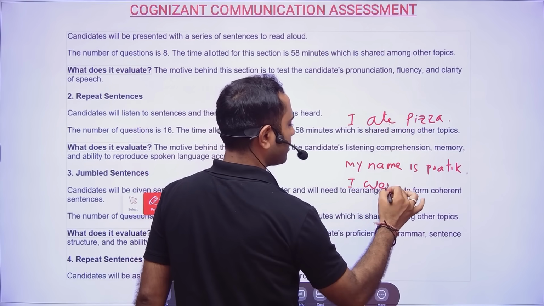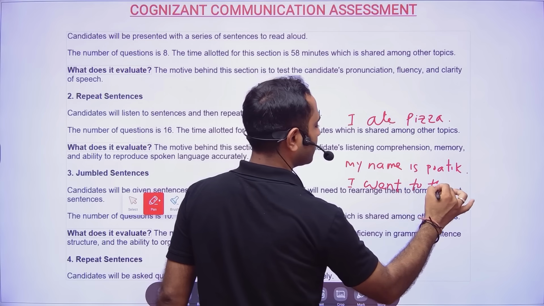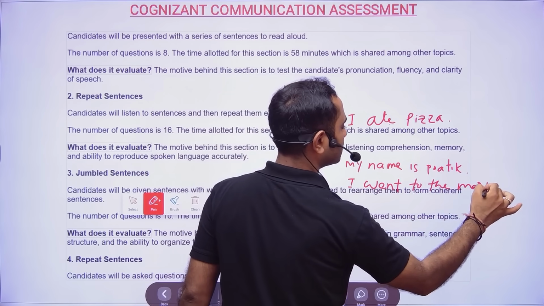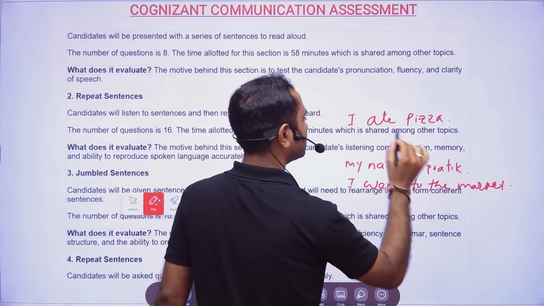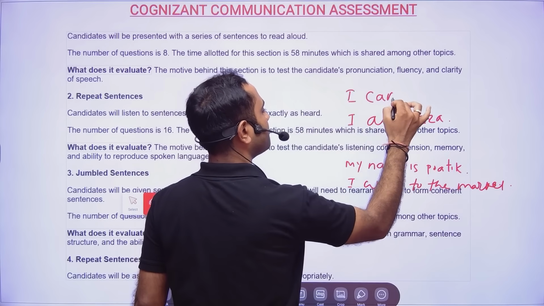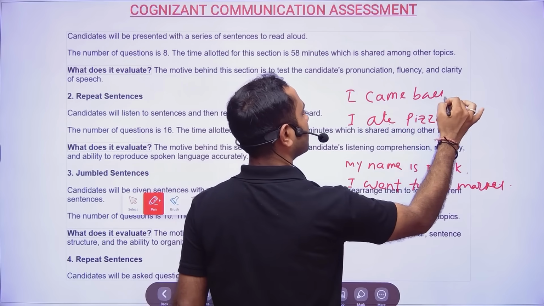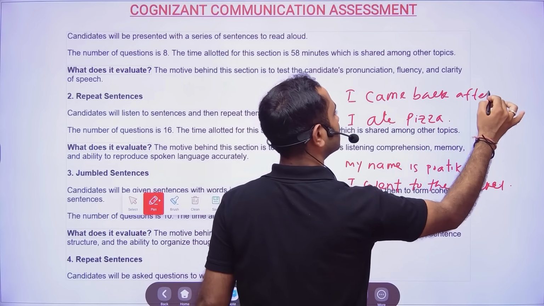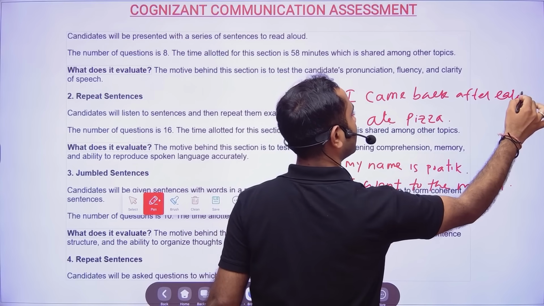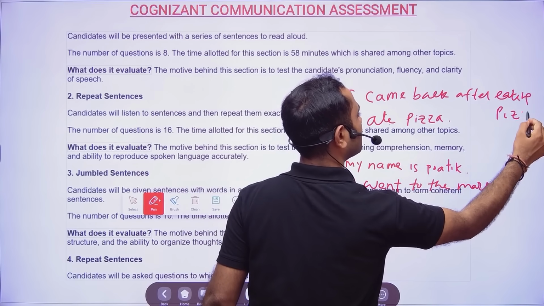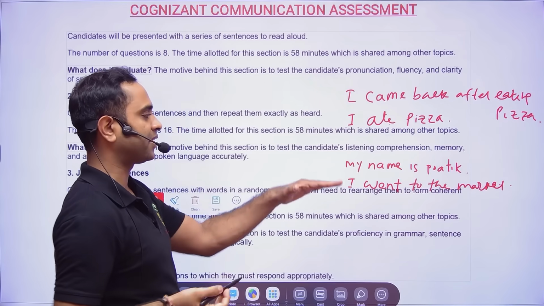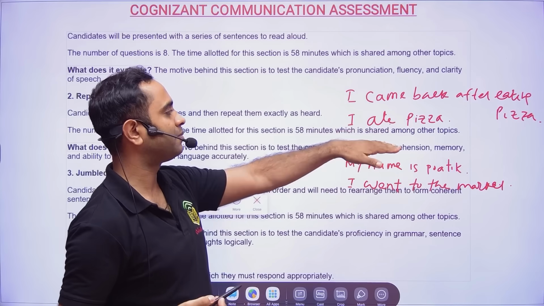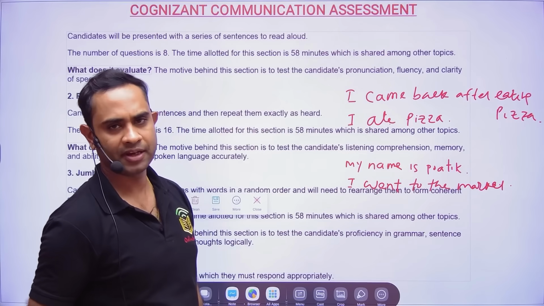I went to the market. I came back after eating pizza. Now, this is what you have to arrange. So, my name is Pratik. I went to the market, I ate pizza, and I came back after eating pizza.